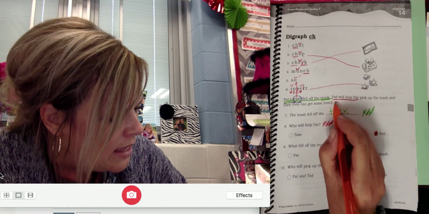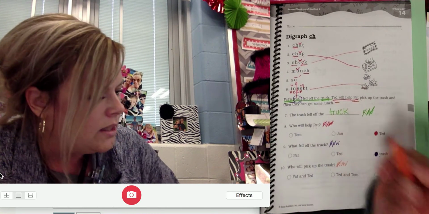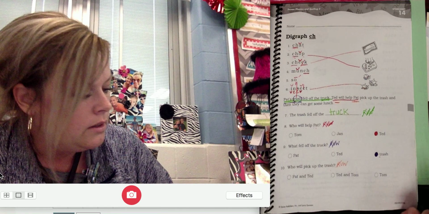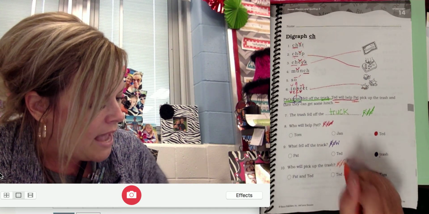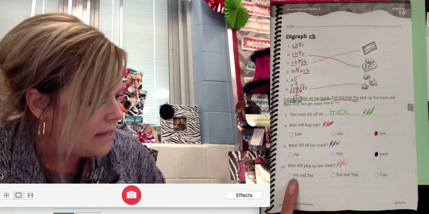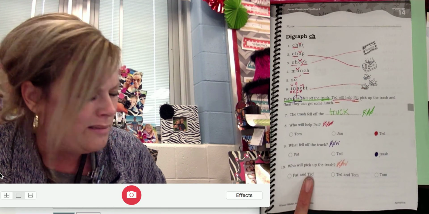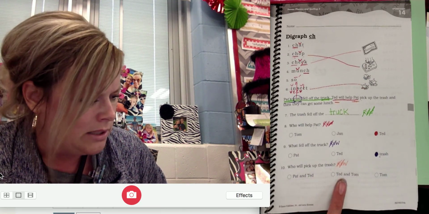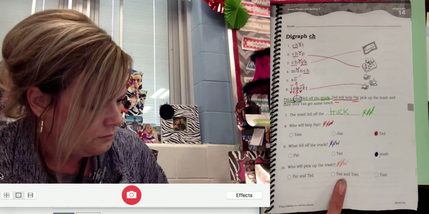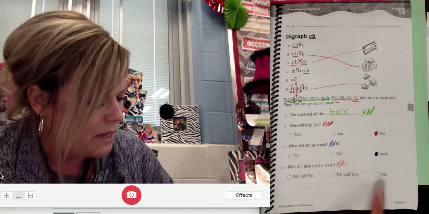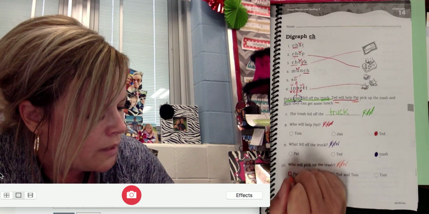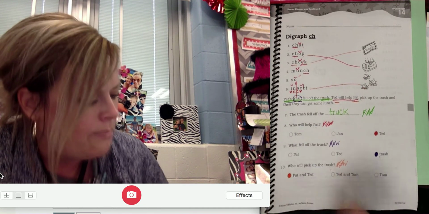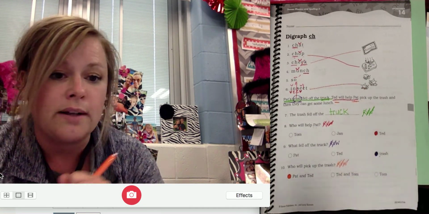So Ted and Pat are going to help pick up the trash. So I'm going to underline Ted and Pat, and then I have to write in the bubble Pat and Ted. That works. Let me read all the choices just in case. Ted and Tom. There isn't even a Tom in the story. Just Tom. Nope, I think we were right. The first choice, Pat and Ted, and then cross off your checklist.